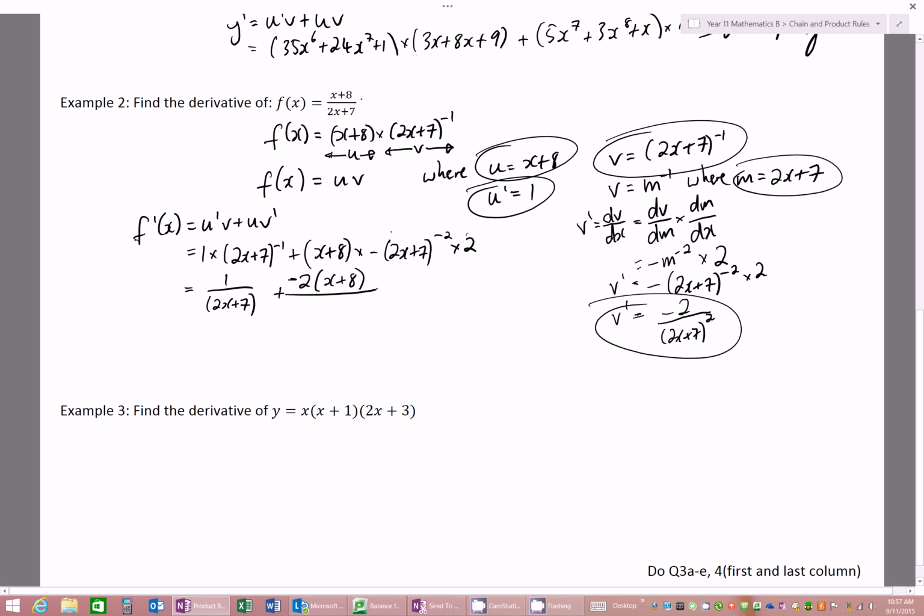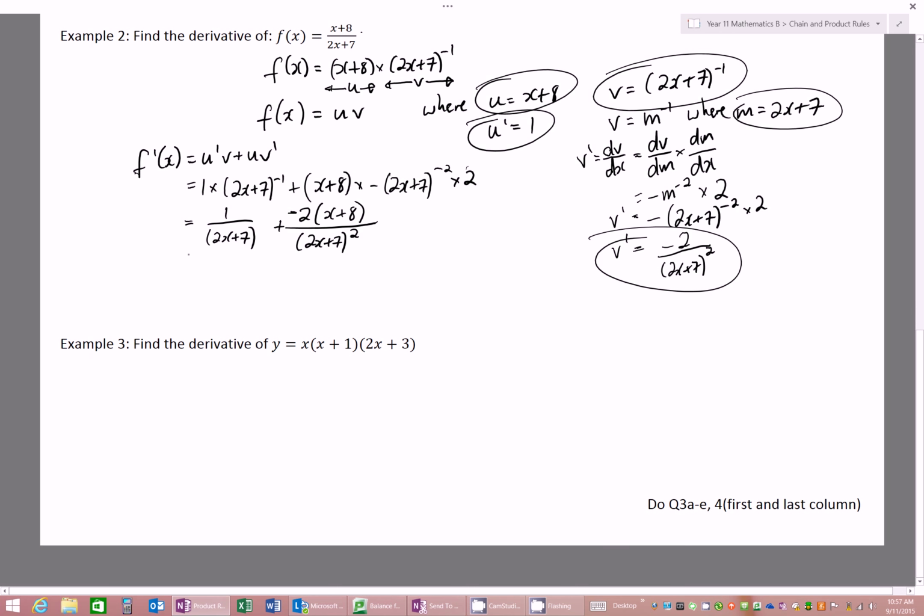All over this guy, but with a positive power, because we've brought it below the fraction line. Just index laws. I want to add these two together. I need a common denominator. I've got 2x plus 7 squared here and 2x plus 7. I need to have 2x plus 7 squared as my common denominator.